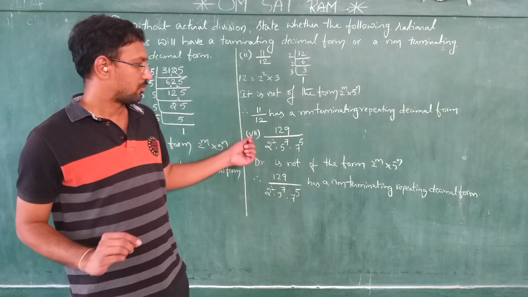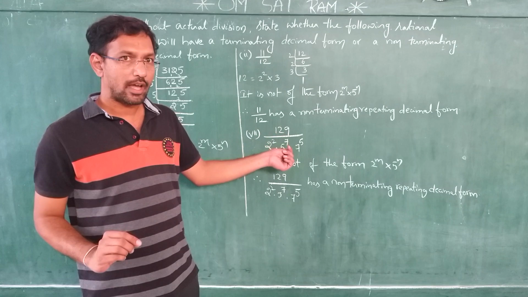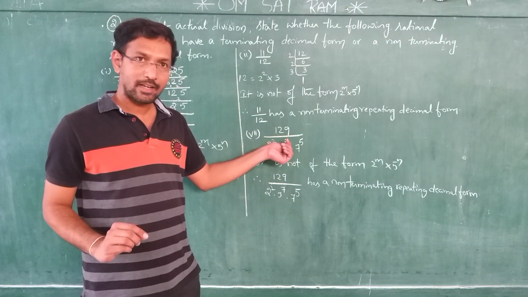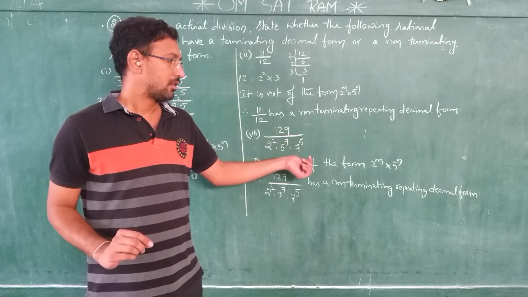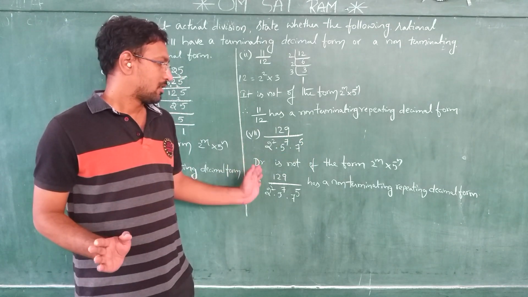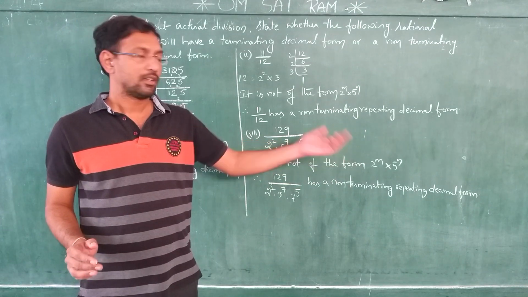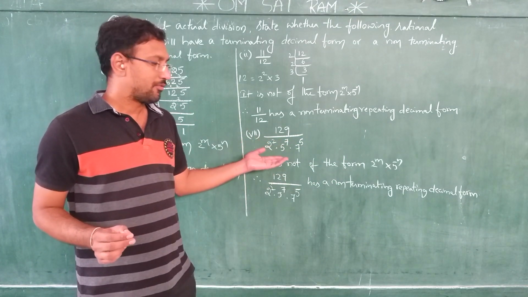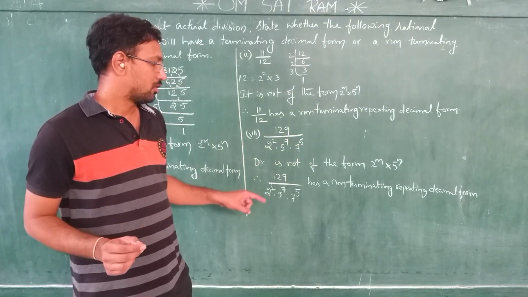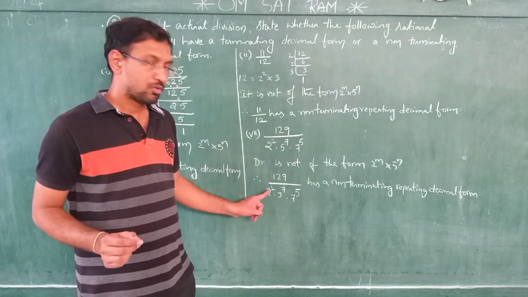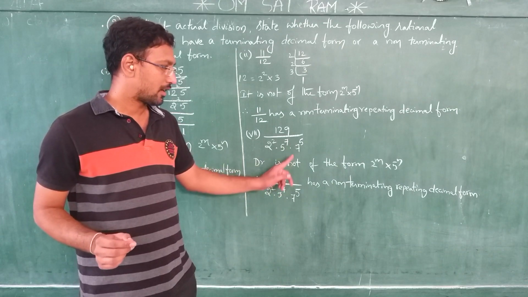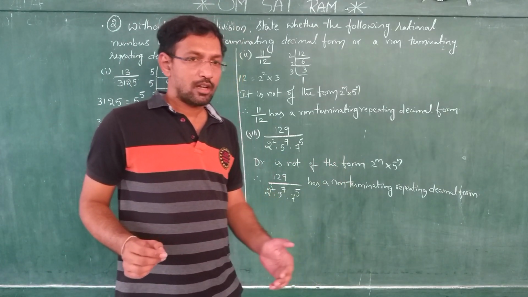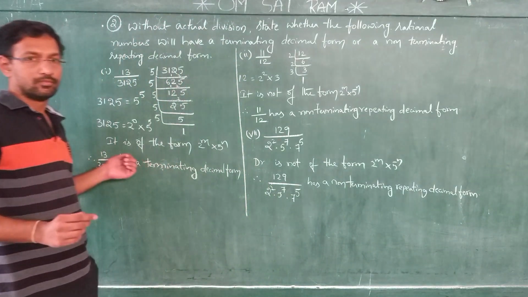Next problem, 7th one, 129 by 2 square into 5 to the power 7 into 7 power 5. Denominator is not in the form of 2 power m into 5 power n. Prime factors are 2, 5, 7. Therefore, it has a non-terminating repeating decimal form.